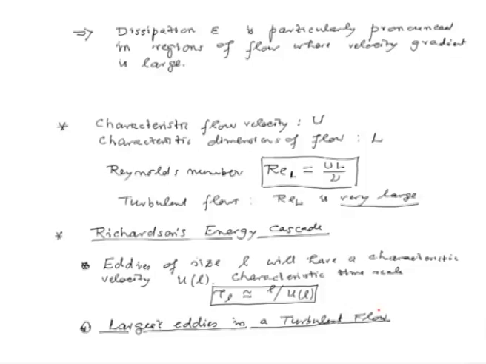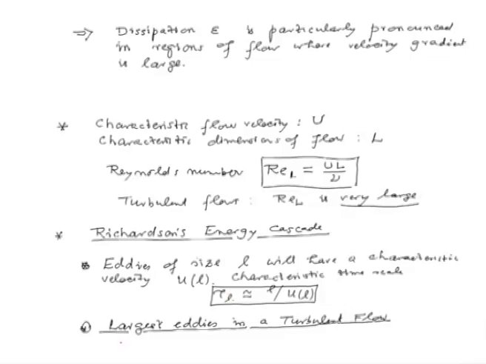Now, there are two things which we can easily identify. Specifically, if you recall the flow through a channel or flow through the rivers, we might find the vertical structures which occupy almost the whole width or depth of the flow. So, as far as the length of these largest eddies is concerned, they would be of the same order as that of the characteristic dimension of the flow.